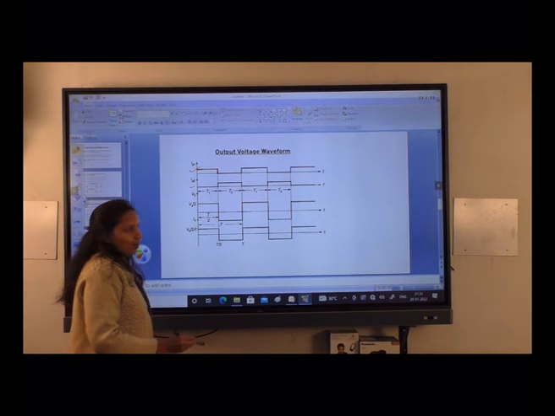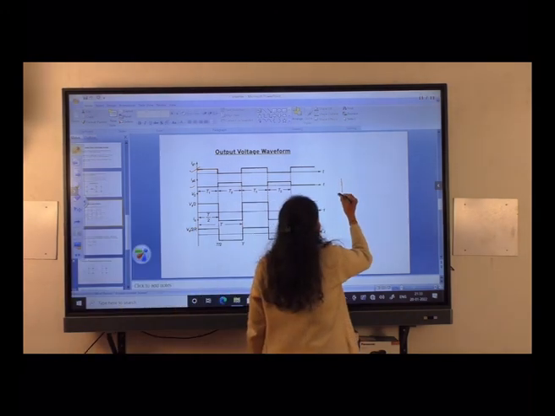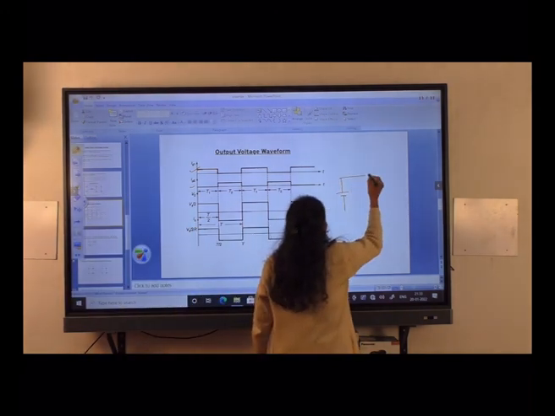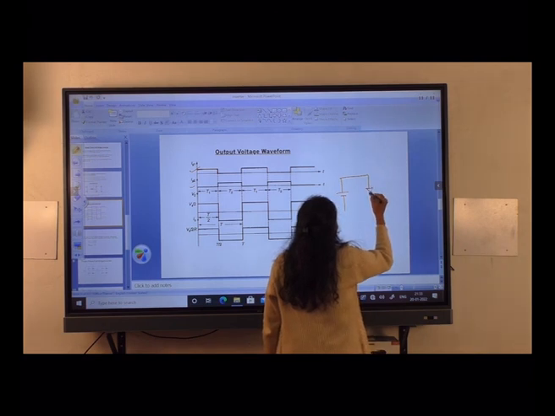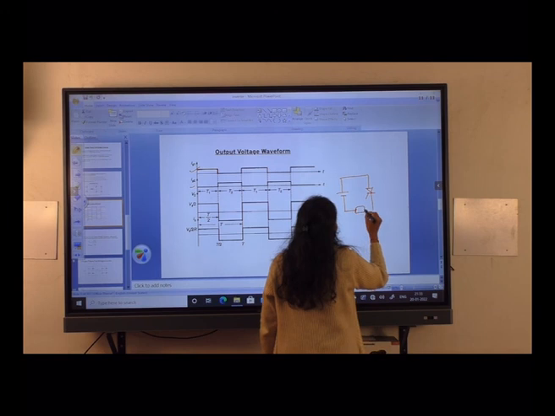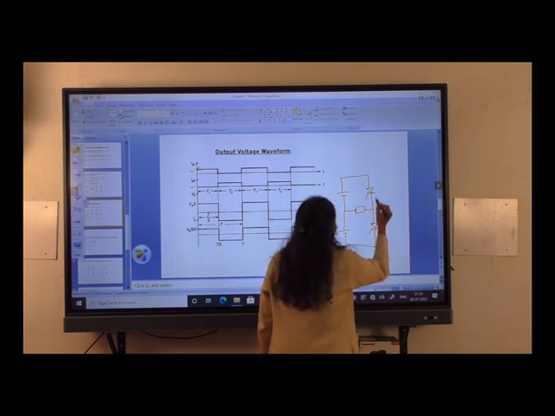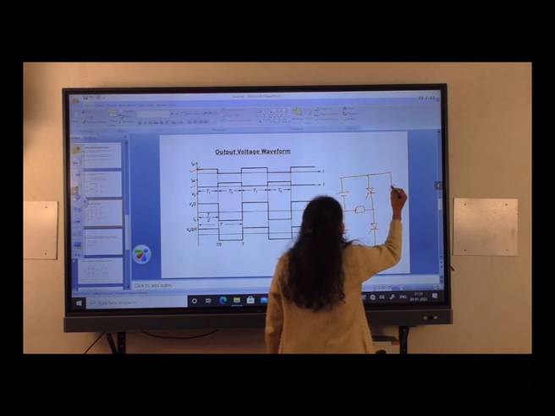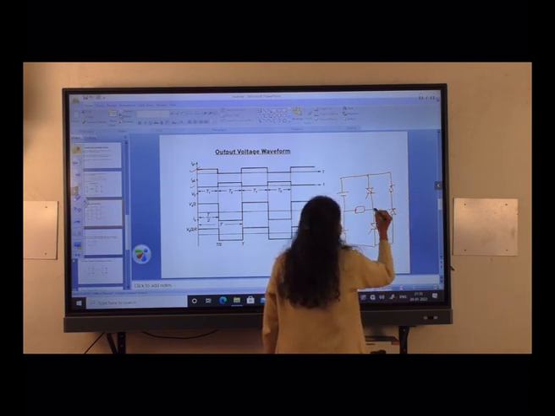The circuit is like this: here we have the load, this is another part of the circuit, here also a thyristor is there, and here we have a bypass diode. This is T1, T2.